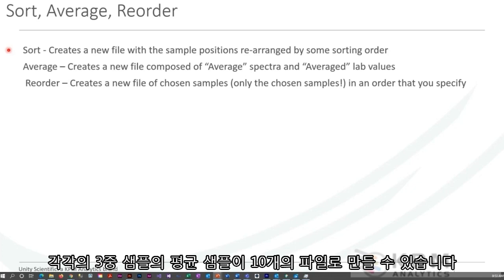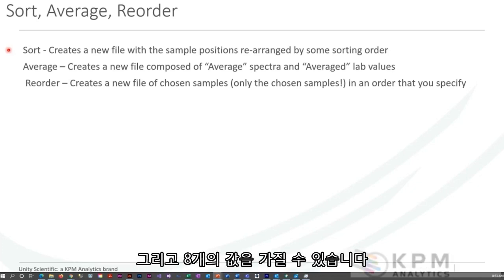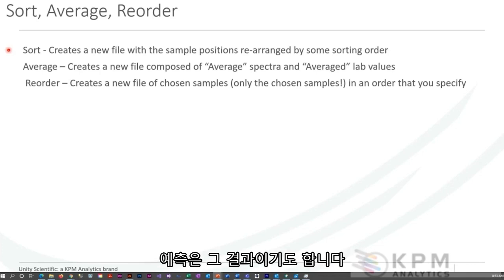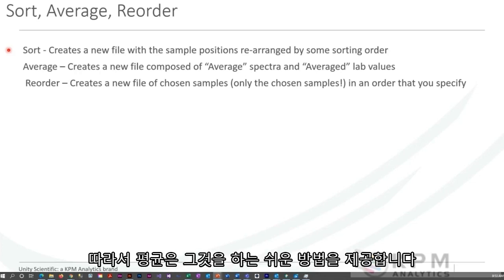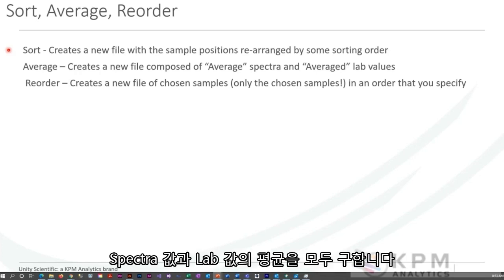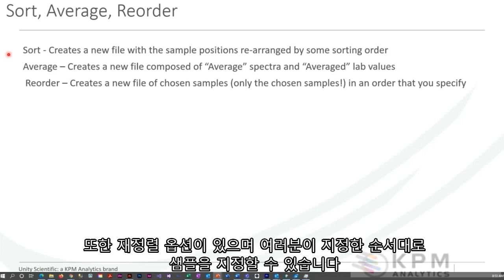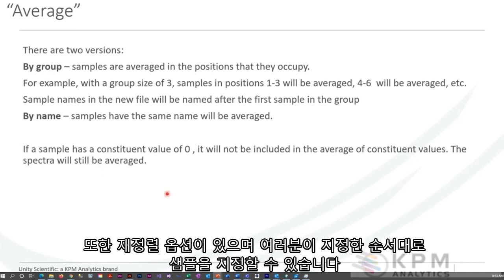You could then average each of the triplicates into a file which had only 10 averaged samples, and you could evaluate the predictions or the results from that file as well. So average gives you an easy way to do that. It averages both the spectra and the lab values, okay? You've also got the option to reorder, and you can specify your samples in an order that you specify.